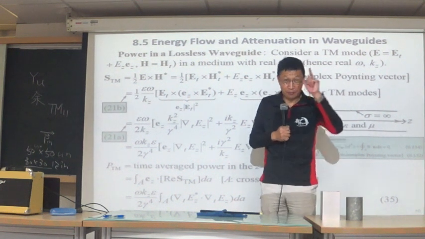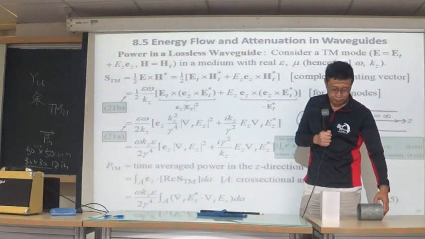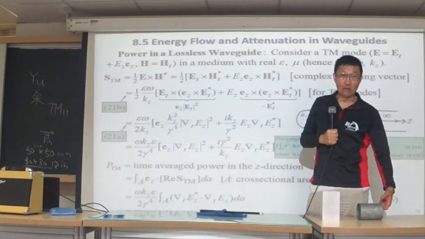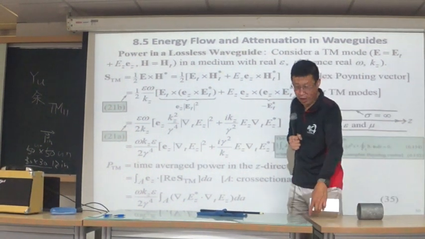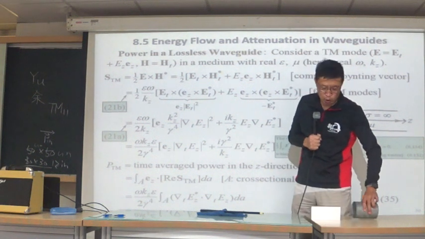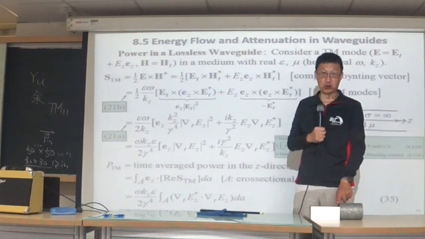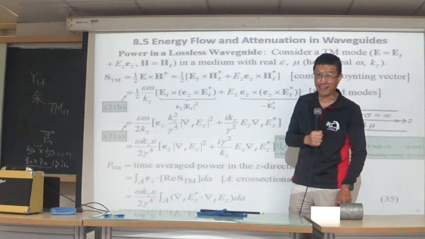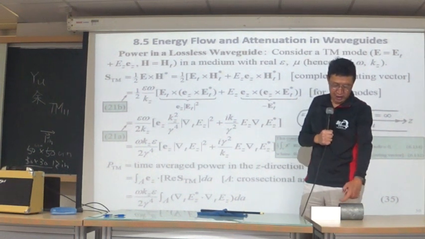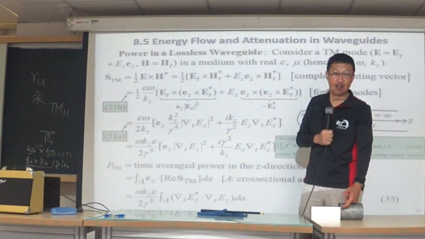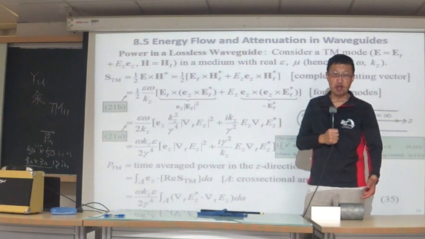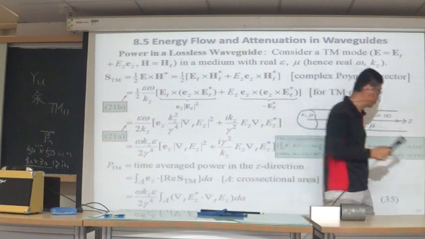Normally, for example, just to give you an idea. We have a cylindrical waveguide and we have a rectangular waveguide, and we try to connect these two together. What will happen? Okay, there's a discontinuity. So the field will change a lot, but keep this in mind.